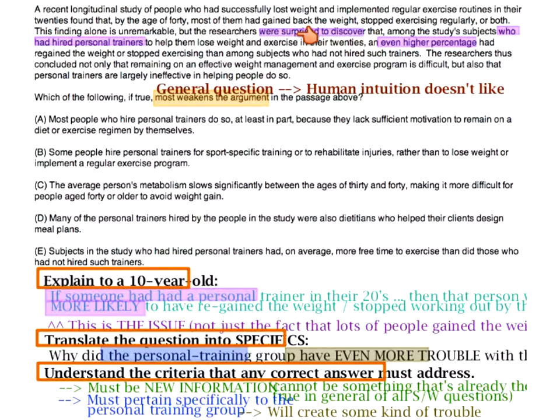But what was weird about the study was that they looked at people who had trainers, and those people were especially likely to regain the weight. And we really want to figure out why that's a thing. If you're talking about this with somebody, you will know that you have to explain the special weirdness of the personal trainer group. You just know that. It's gotta be the personal trainer group that is weird.